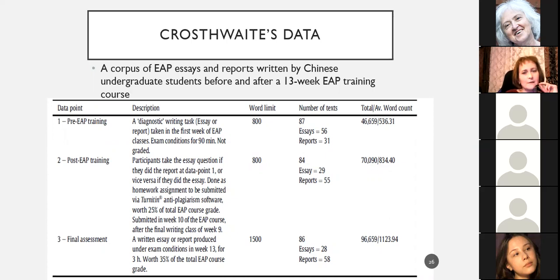That is texts written during the first week of the EAP course, the so-called pre-EAP training texts. Then texts written during the 10th or the 9th week of the course, that is post-EAP training, and final assessment, that is essays or reports produced under exam conditions in the final week of the course. And the table shows the size of his corpus.